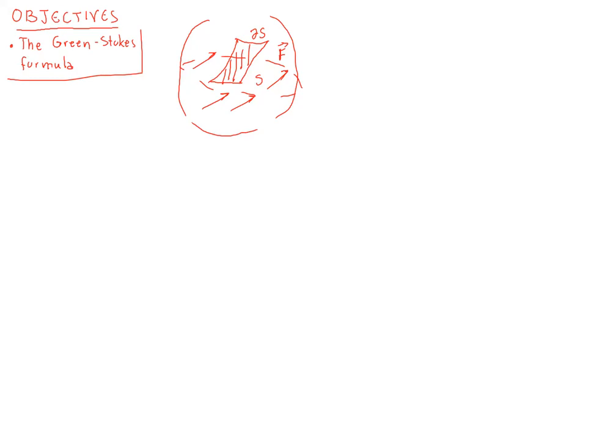So our agreement is that for the purposes of generalizing Green's formula in non-planar domains, what we're going to do is choose a normal vector and then make sure that the orientation on the boundary is chosen as follows.